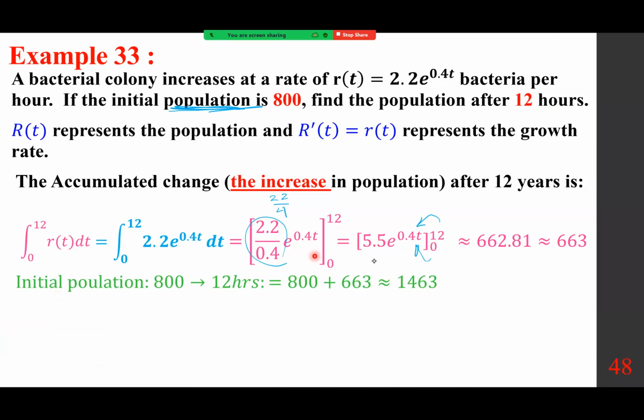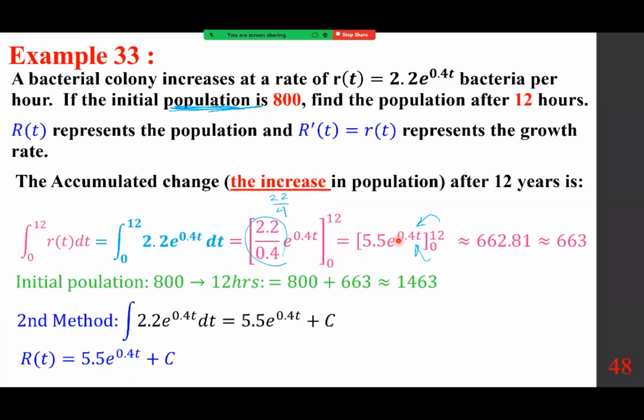Quickly, a second method is to find the general function. If we go back to the function that we found here, we add a constant. So capital R of t is this plus a constant. And R of 0 is 800. So if you plug in, you get 5.5 plus some number is 800.